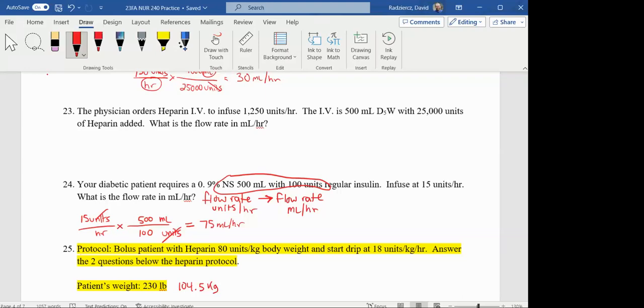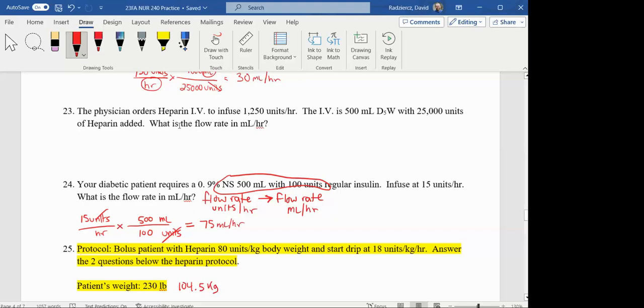You may not agree with that, but it's easier for me to show you that I'm canceling out units and I'm left with what I want. If I can get you in the practice of setting up, and all we're doing is converting one flow rate to another flow rate, and then just practice it, hopefully it makes sense.